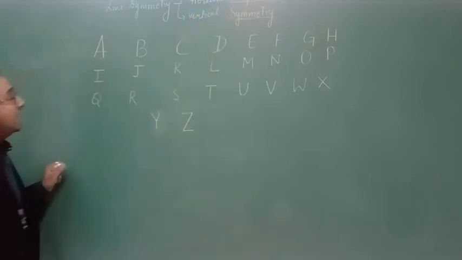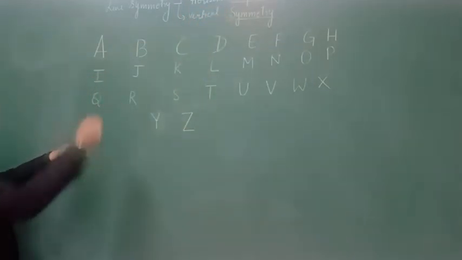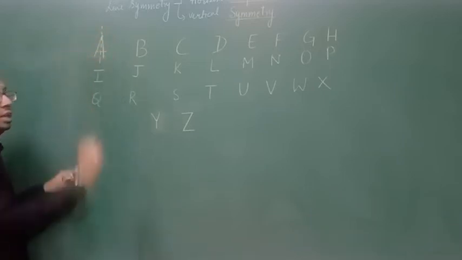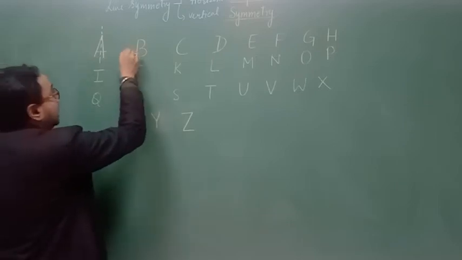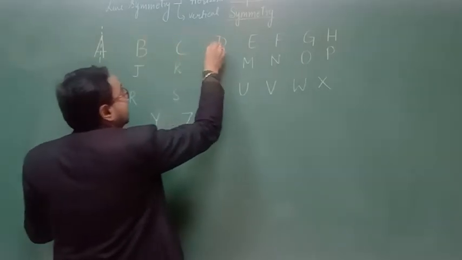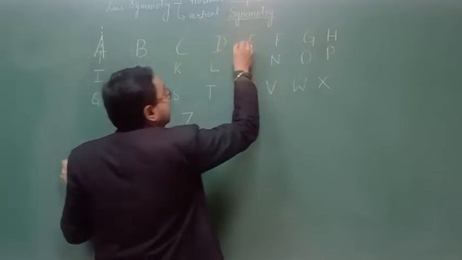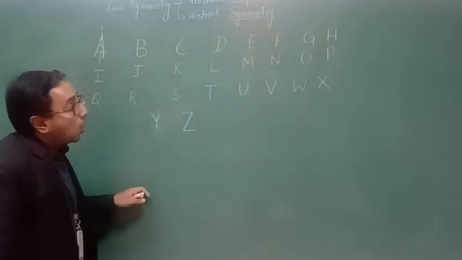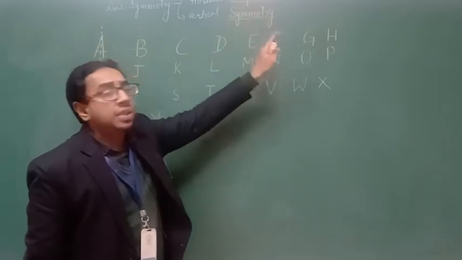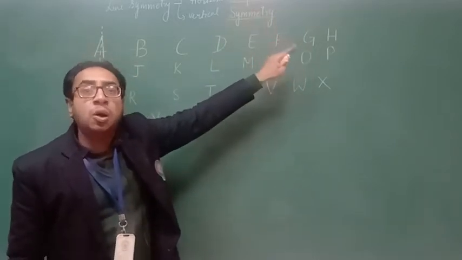So let's see. If I see A as a letter, vertically if I draw a line of symmetry, it is symmetrical in nature. Similarly B, horizontal. Similarly C, horizontal. Similarly D, horizontal. Similarly E, horizontal. Once we move to F, we don't see any symmetry around a vertical or horizontal line.